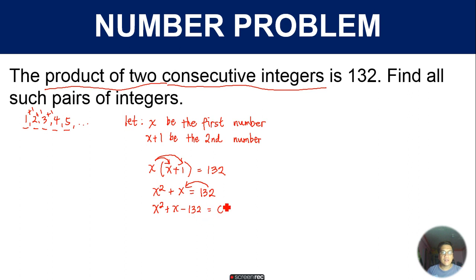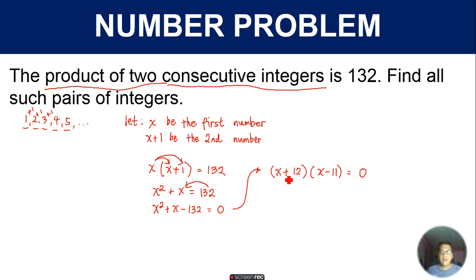The factors of this will be x plus 12 and then x minus 11. When you factor, you use the trial and error method or you use the box method.